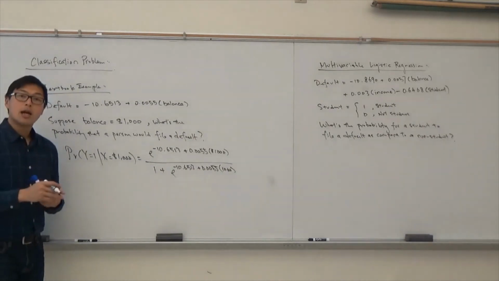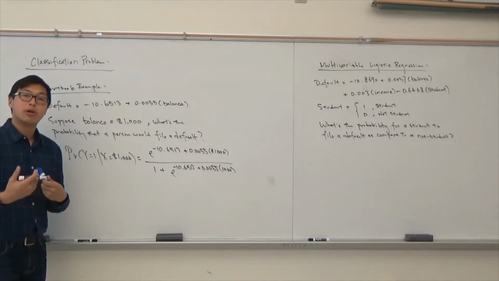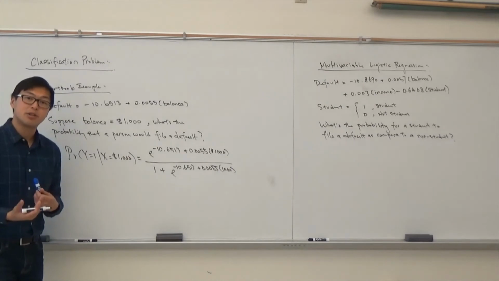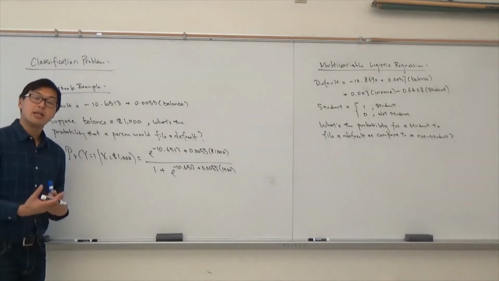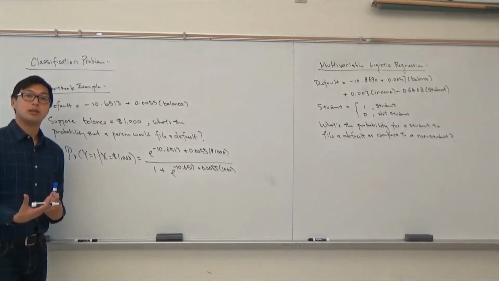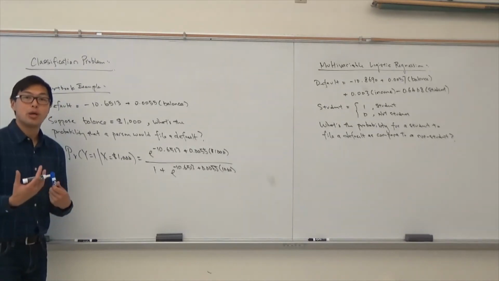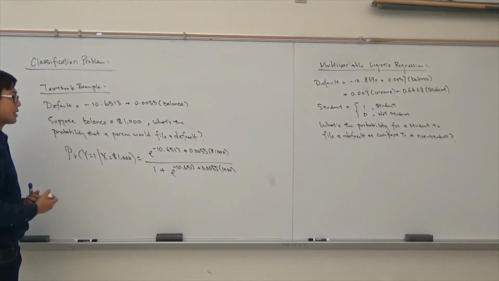So that's how we use our estimated parameters, the betas, to estimate the probability. That's how we model the probability that y is going to happen when given some x.